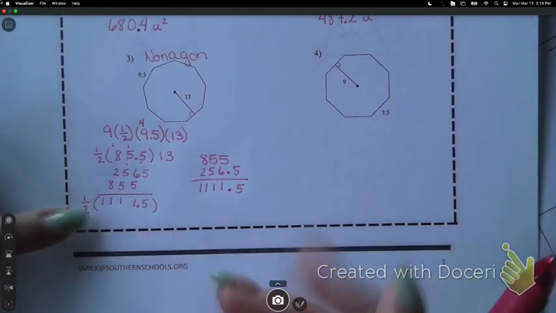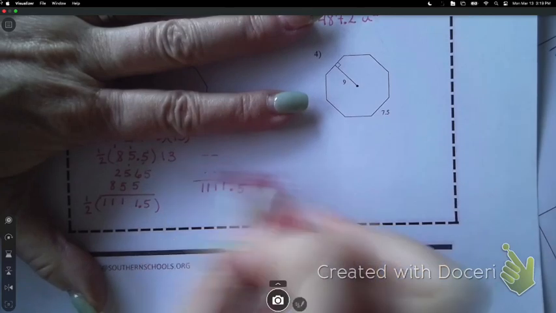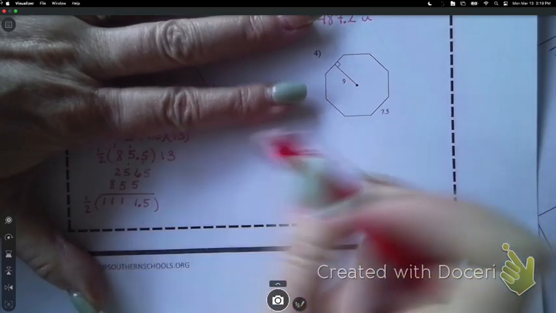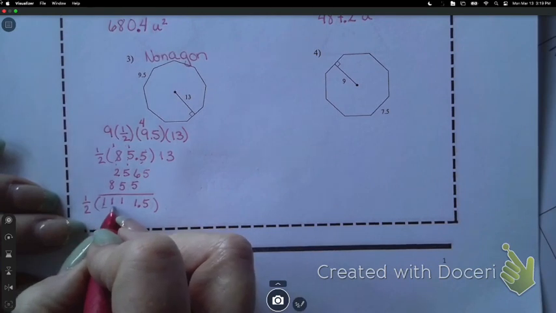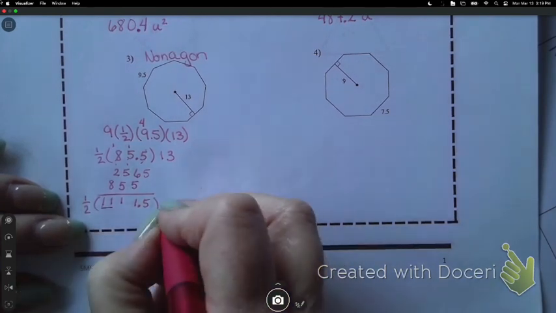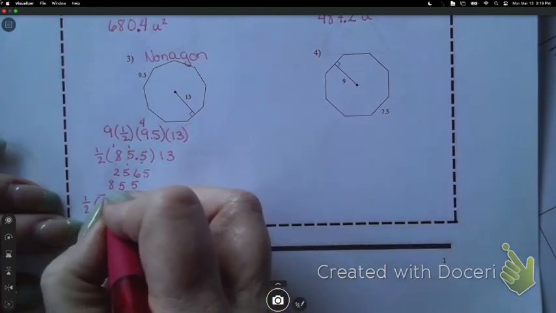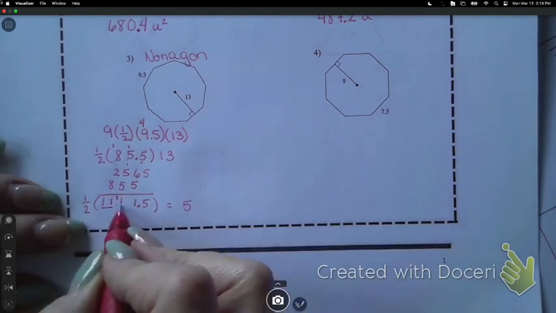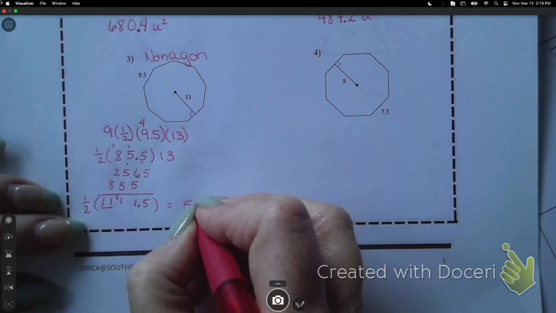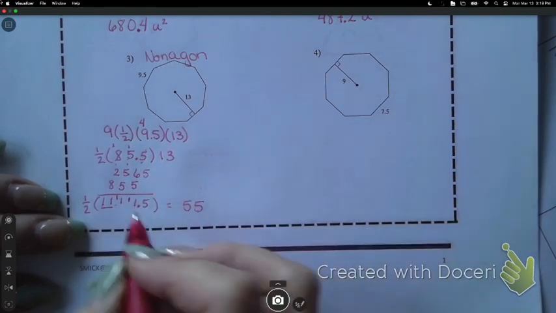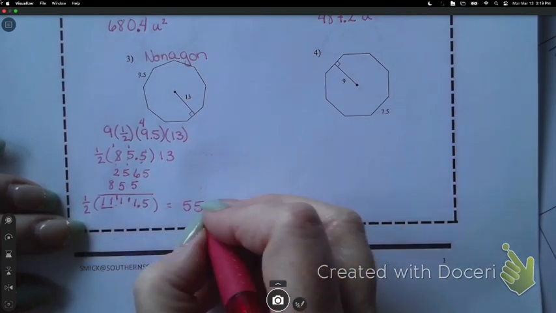Yes. Okay, now we've got to divide that by what? 2, right? So we're going to just go across. So 2 goes into 11 how many times? 5 with 1 left over. So 2 goes into 11 again. 5 with 1 left over. 2 goes into 11 how many times? 5.